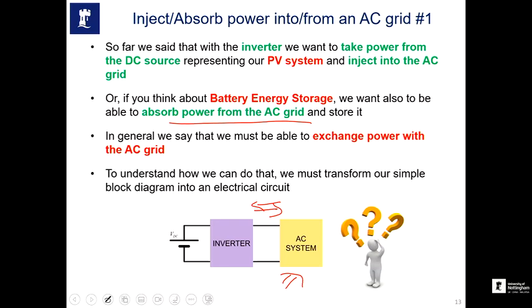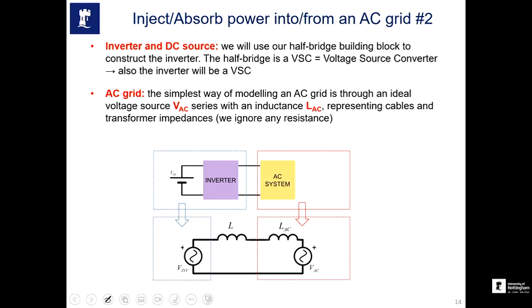The grid is not only supplying power, like when you charge your laptops and batteries. In most cases, the grid supplies power to the load. But in this system, because of the PV, the grid is also accepting power from the PV system or from the battery system.